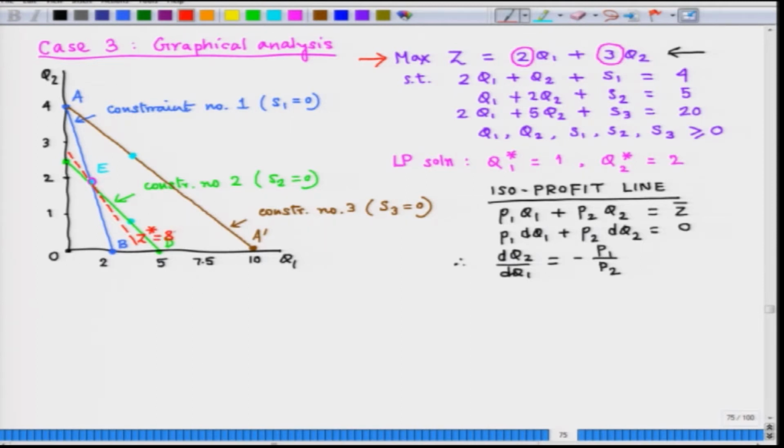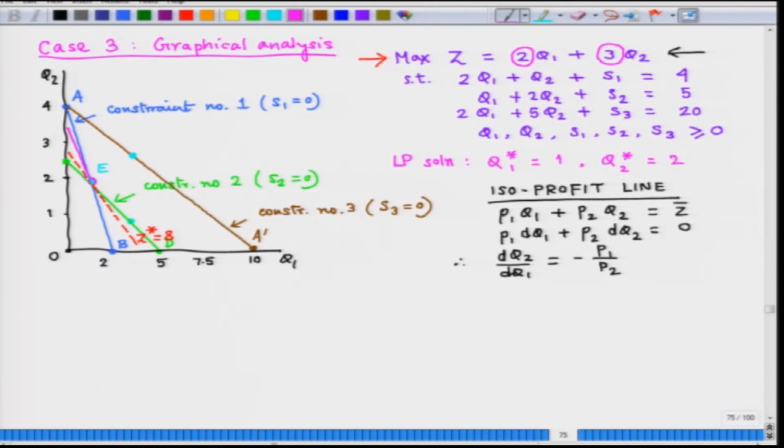If you remember, that was the initial solution, right. Now you observe one thing, that this iso profit line can actually tilt a little bit around this red broken line, and it will still pass through the same point E. So, let me draw one such line.